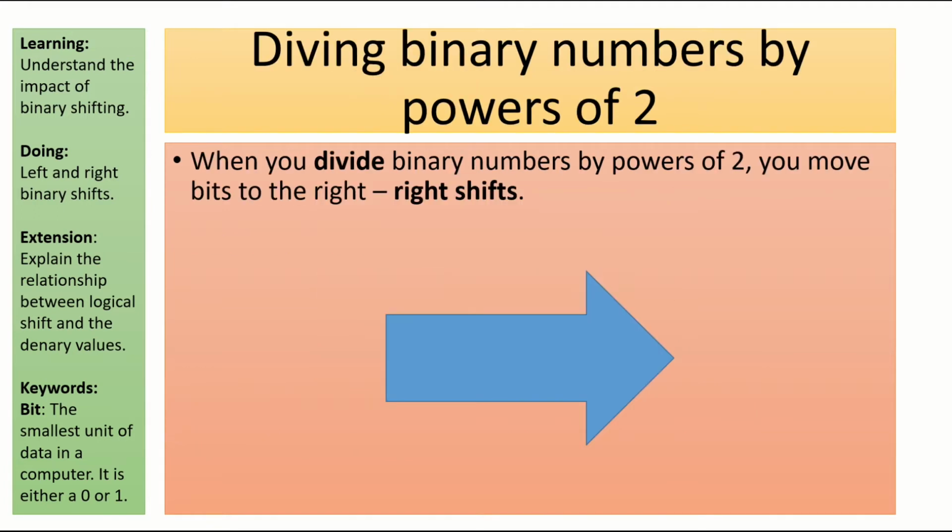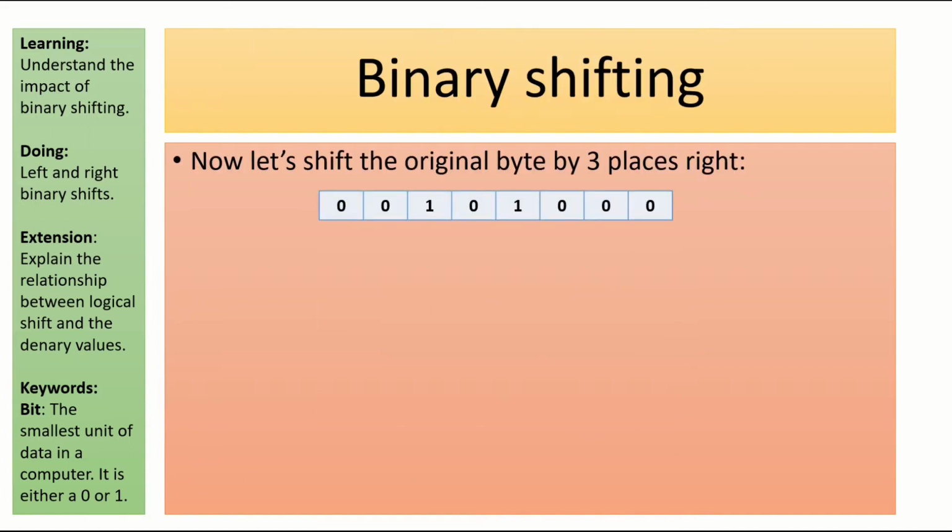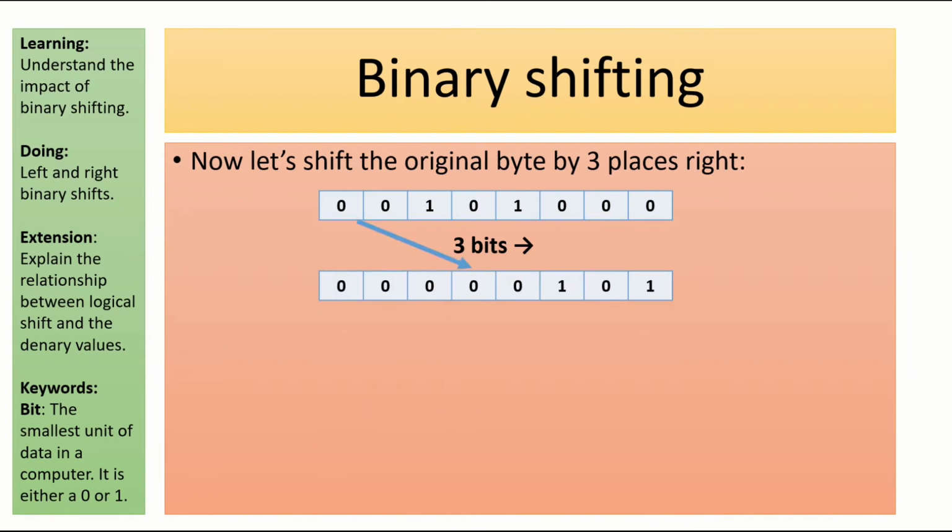When we divide, we are dividing the number by a power of 2. All we're doing is shifting down. Each place is dividing by a power of 2. If we had 00101000 and we wanted to shift it by 3 places, we'd have our original value, and then all we're doing is moving those values down 3 places.